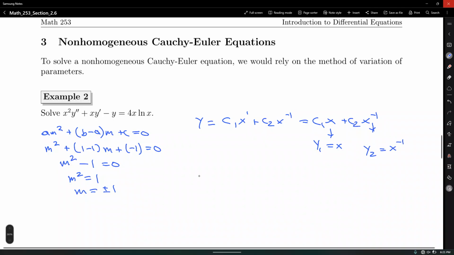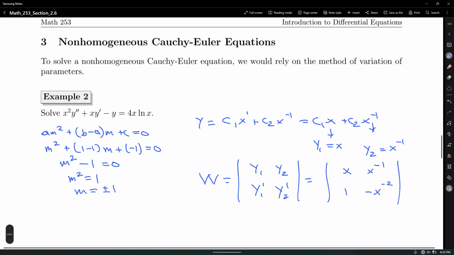That's because we're going to evaluate the Wronskian: y1, y2, y1 prime, y2 prime. So y1, y2 are x and x to the negative 1. Find the derivatives of these two functions: that is 1 and negative x to the negative 2.